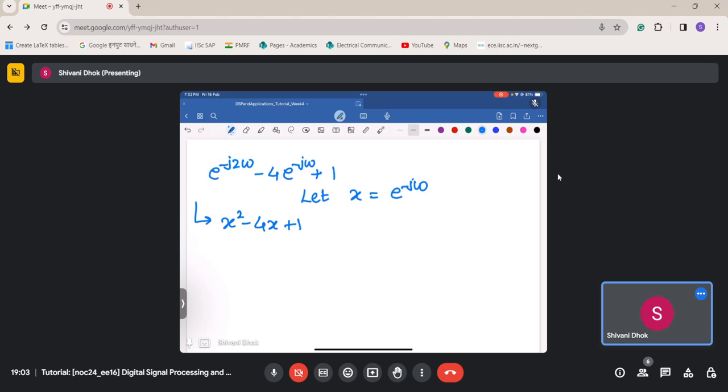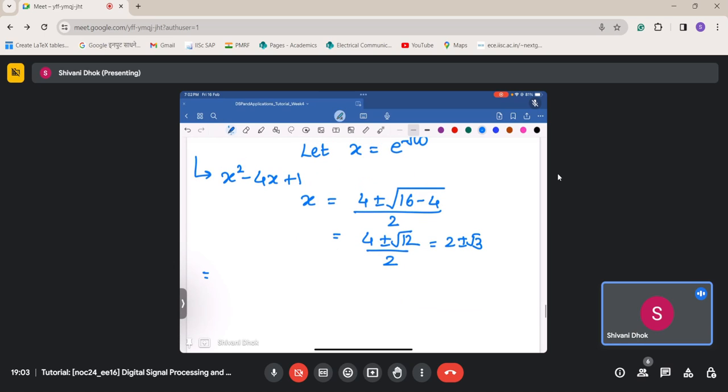The roots of this equation will be x equal to minus b plus minus under root of b square minus 4ac, upon 2, which is equal to 4 plus minus root 12 by 2, which is equal to 2 plus minus root 3.